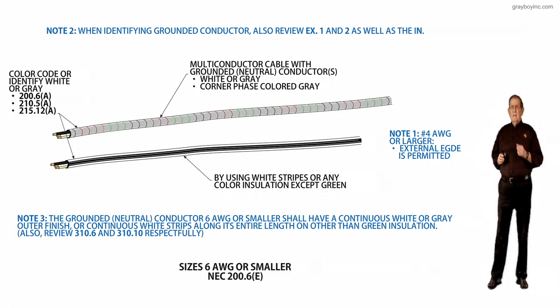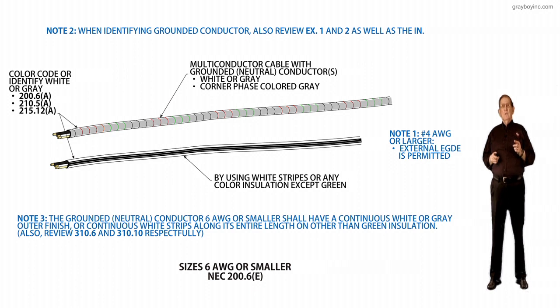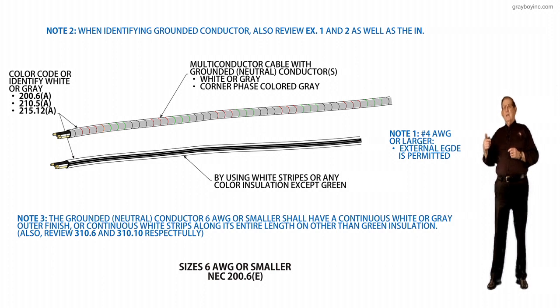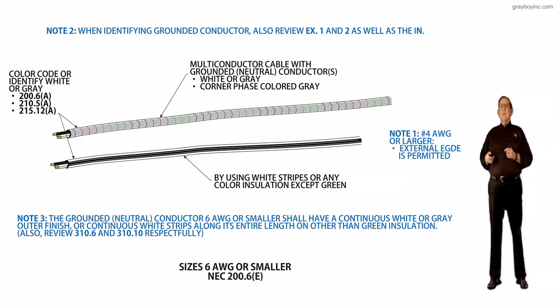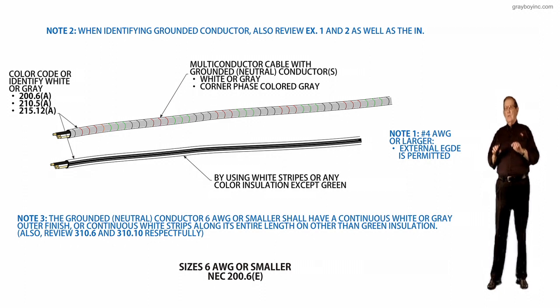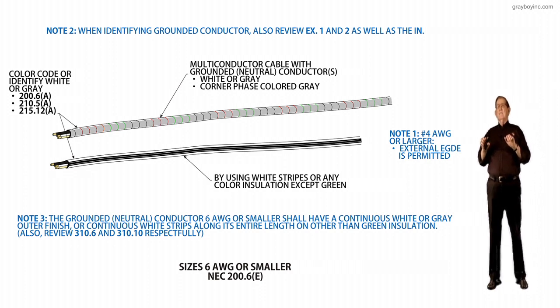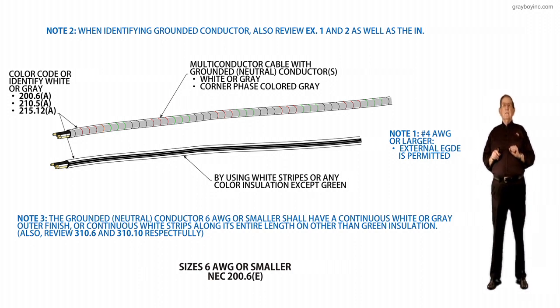Now, I would like to look at our notes next, and notice note 1 to the very right-hand side of that illustration. Note 1 says a number 4 AWG or larger, then we could use that external edge as a permitted method of identifying that grounded conductor.